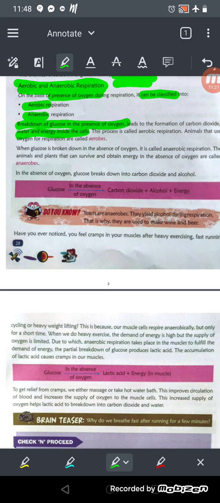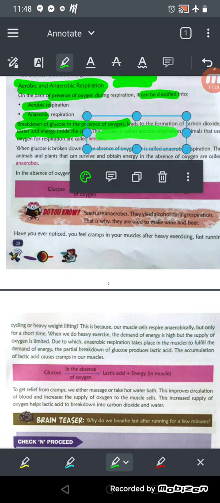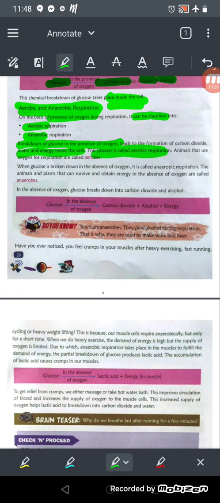This process is called aerobic respiration, and the animals that use oxygen for respiration are called aerobes. Understood? So aerobic respiration is the respiration which occurs in the presence of oxygen.